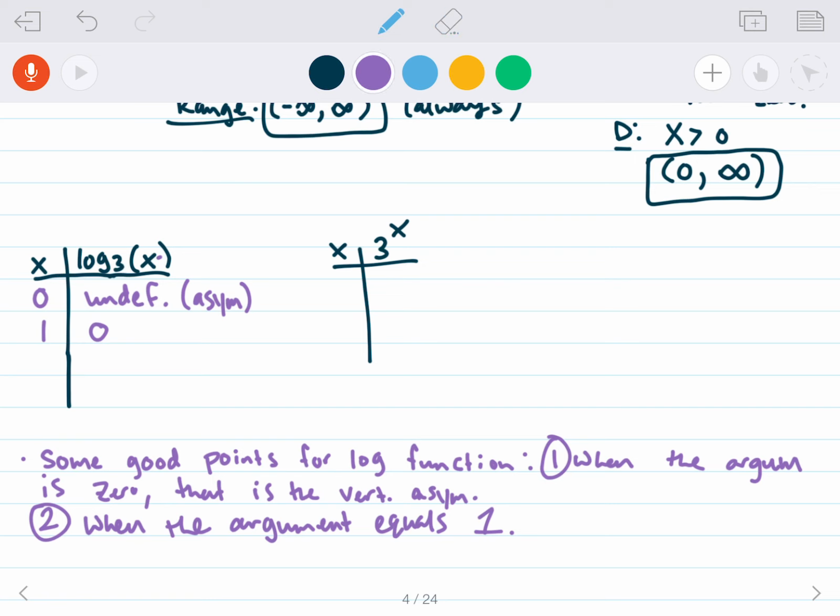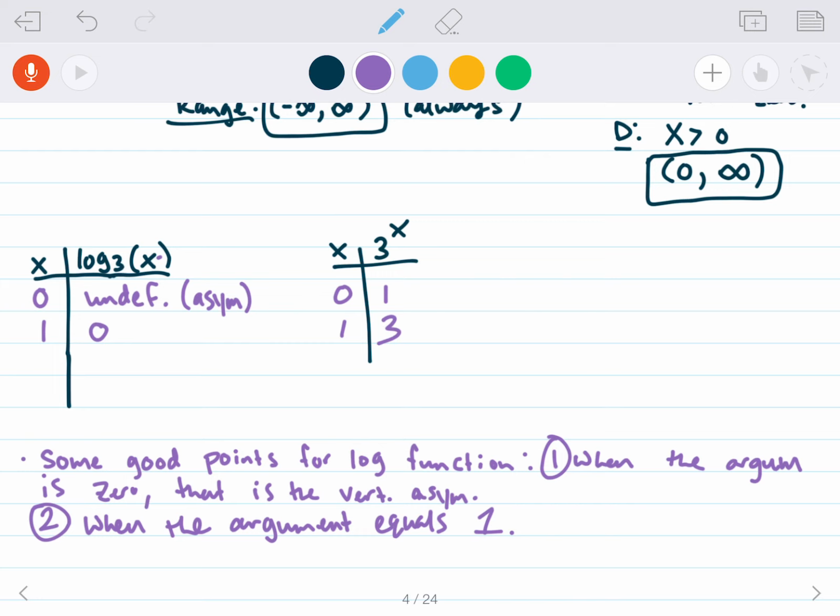So since we have an inverse function, 3 to the x, we can switch the 1, 0 to 0, 1 for a point on there. And then when x is equal to 1, if I plug 1 in there, I get 3 to the first, which is just 3. So there's some points there.